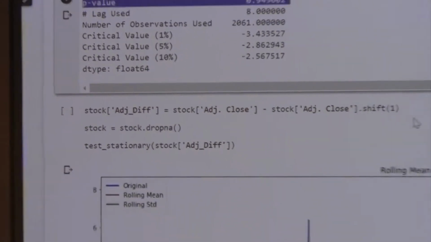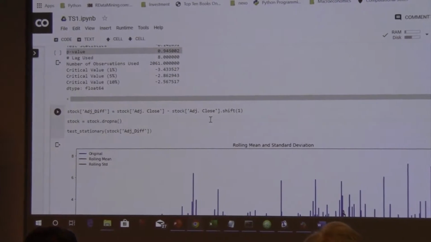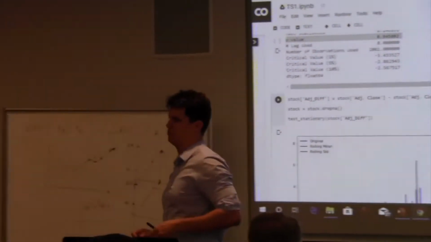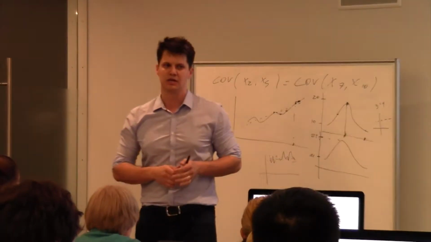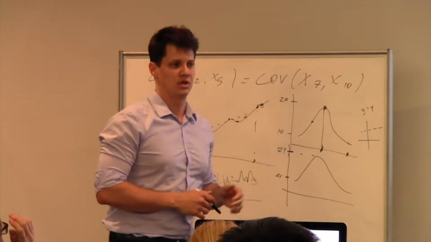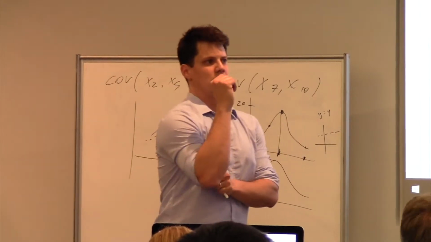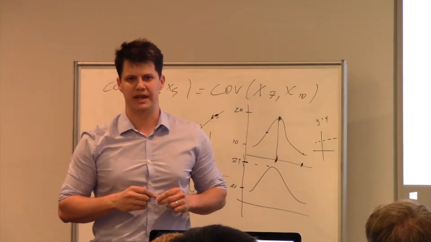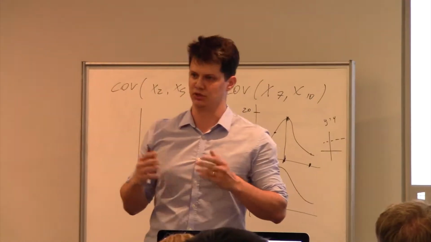And finally, we do the diff. Now, usually, you have three transformations that you make on a dataset to make it stationary. First, you take logs. Whenever you take a log of a series, you can explain it in terms of percentage.